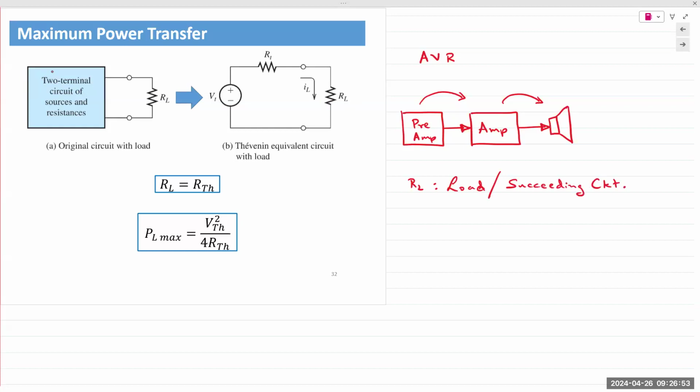The resistance of the succeeding circuit should match up to the Thevenin resistance of the preceding circuit. So RL should be equal to RTH. That's what the maximum power transfer theorem is.